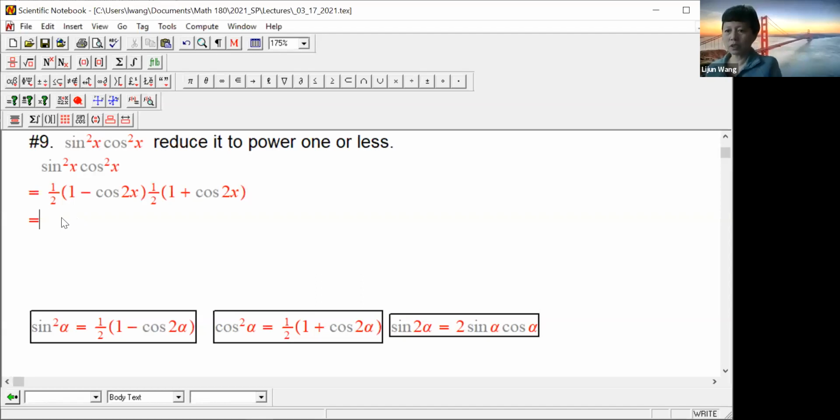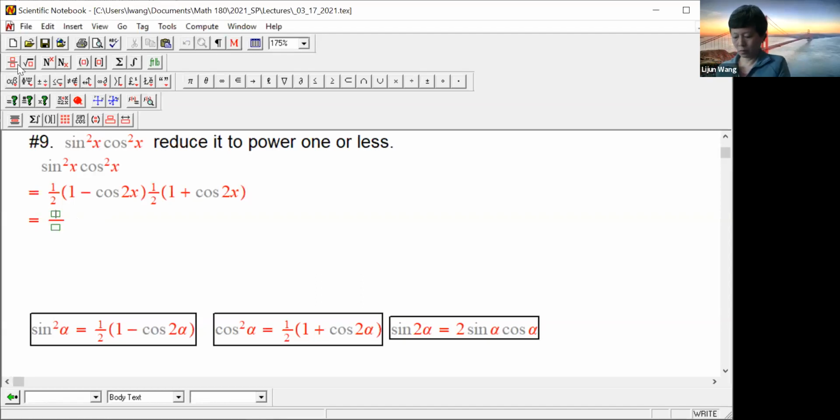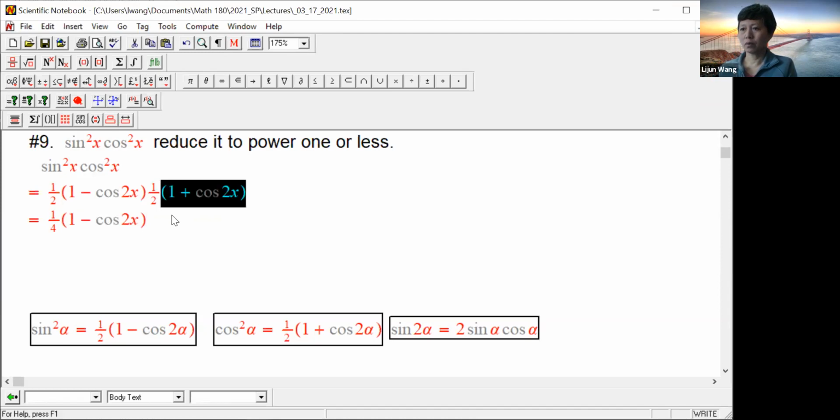Okay, so here I get 1/4. We all saw that, right? When we multiply these two, in my eyes, I see 1 minus cosine 2x, 1 plus cosine 2x.